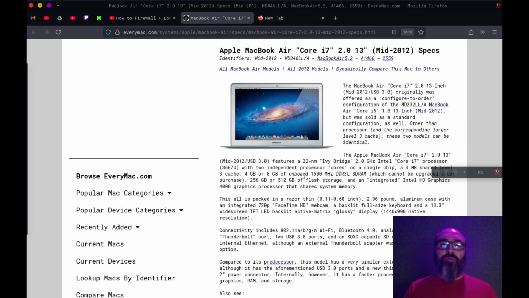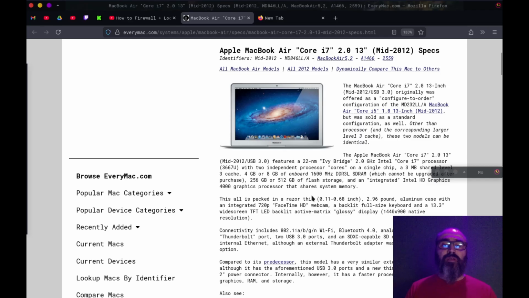I had ordered this system back in the day with 8 gigabytes of RAM, so basically it has about 1.5 gigabytes shared with the GPU side of things, and the rest are remaining for the system, about 7 gigabytes or whatever. Anyway, as I said, anyone can learn about the specifications.